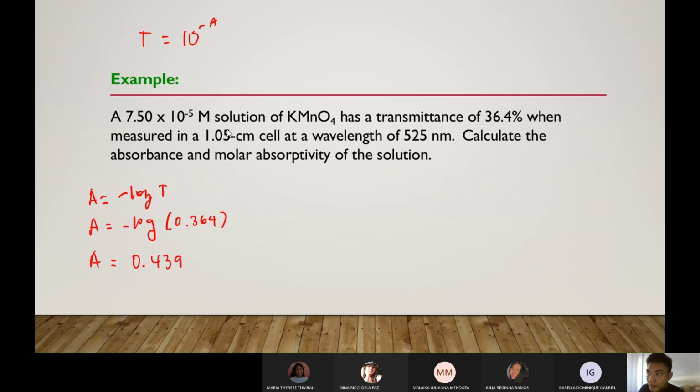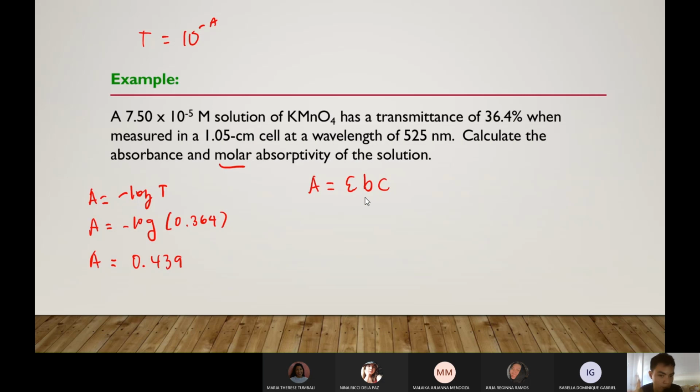No? And now, about the molar absorptivity. Okay, so when we see molar absorptivity, ang equation na gagamitan ay A = epsilon BC. Basta nakita nyo ang units ay molarity, ito gagamitin mo, A = epsilon BC. Okay?